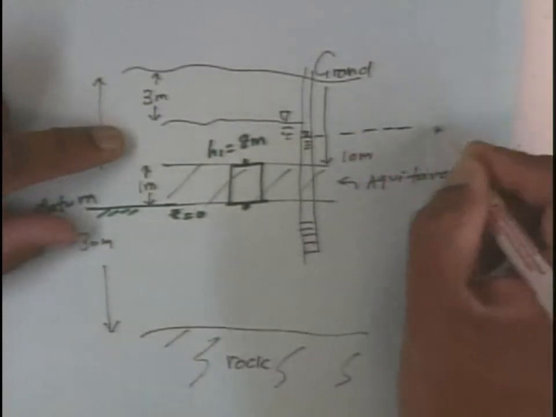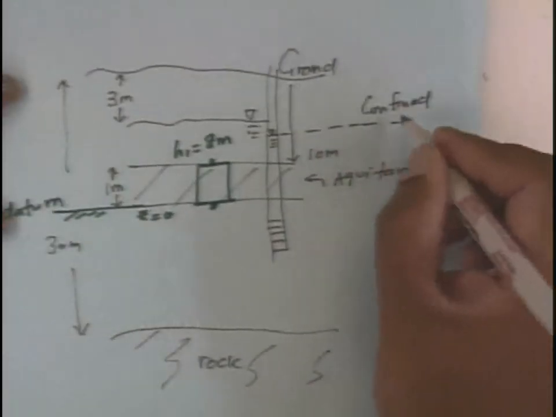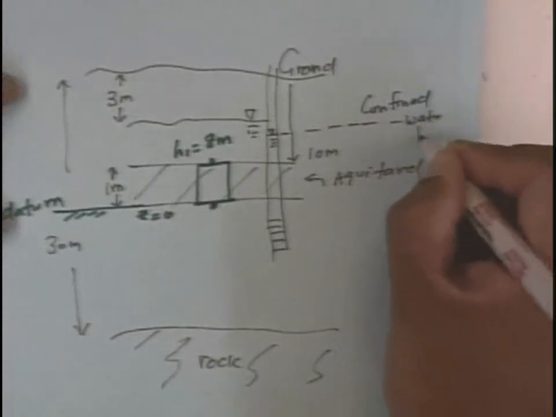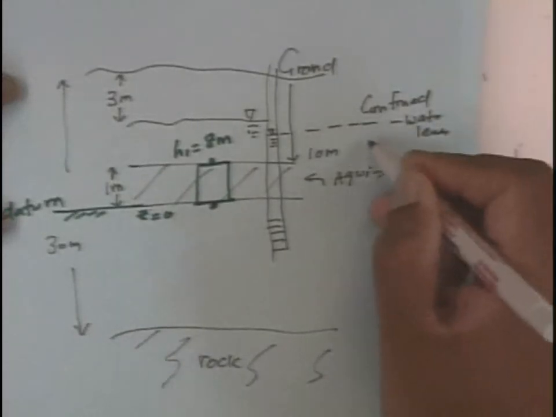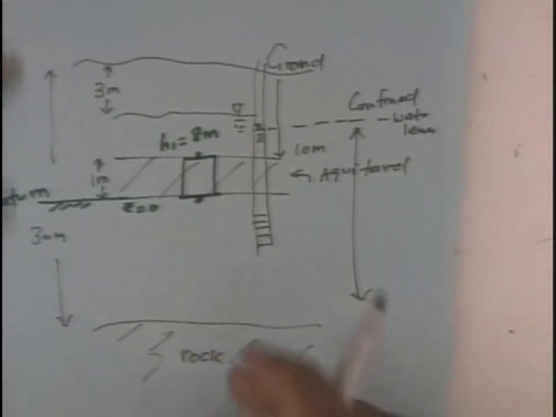So that's the confined level. It's 25 meters above the bedrock. So when I measured the head in the confined unit, I used rock as the datum. Okay. Now we got everything.